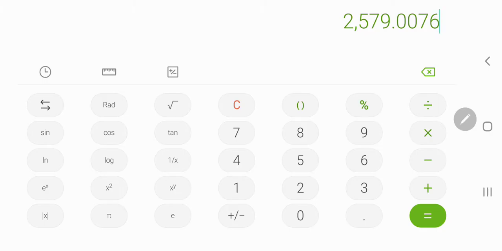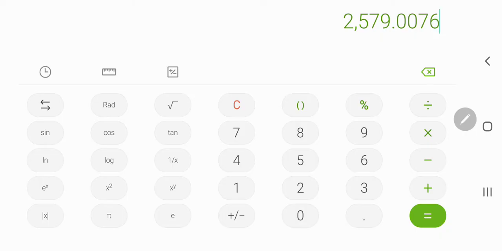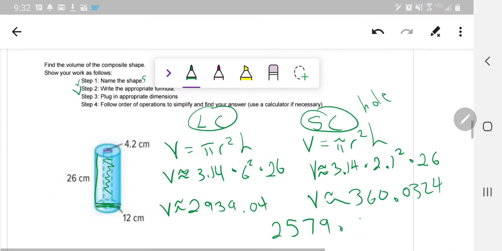I said in the previous problems that we're going to round to the nearest tenth, and we're going to continue that. So that looks like it rounds to 2,579 and 0 tenths. And then our correct unit is centimeters cubed.